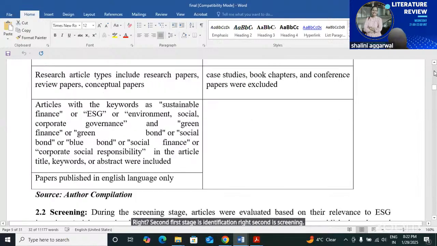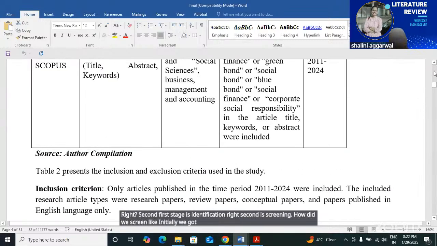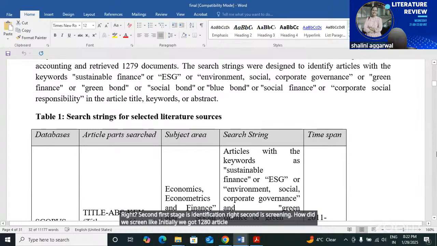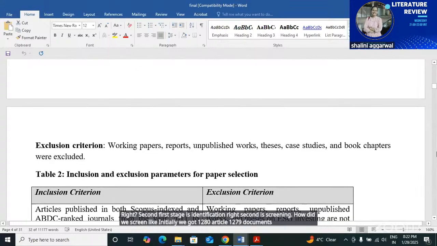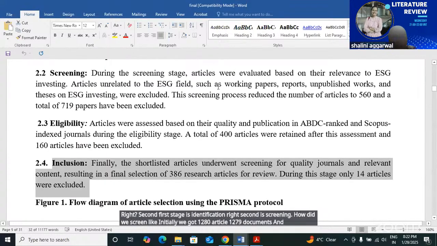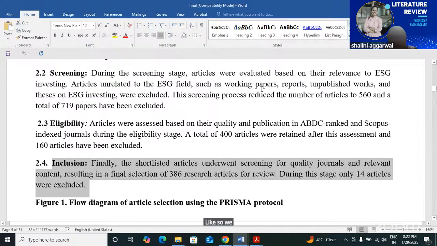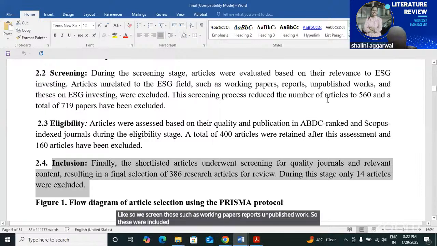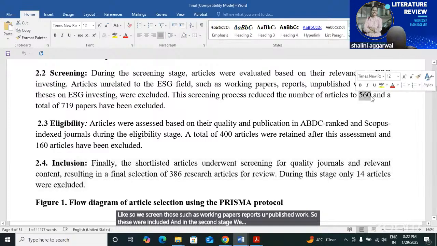Like initially we got 1280 articles, 1279 documents. And how did we screen those? We screened out working papers, reports, unpublished work. In the second stage, the number reduced to 560, right?